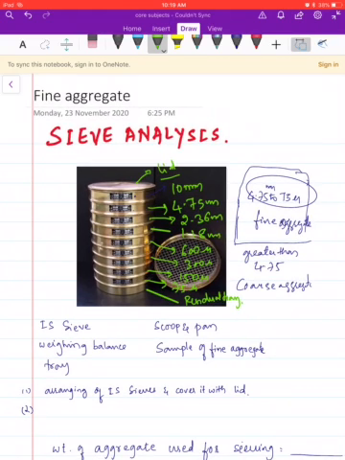What we do is take a known quantity of soil sample, for example 1000 gram or 1 kg. That known quantity of soil sample is weighed with the help of the weighing balance and then poured into the topmost IS sieve.